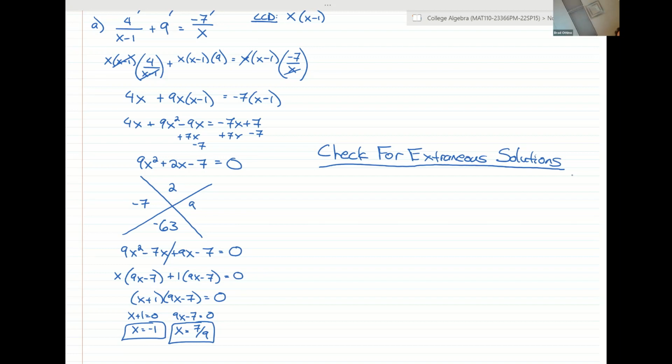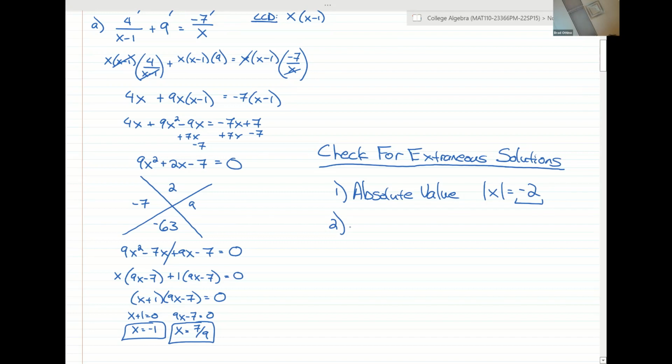So even though we did all the math correctly, sometimes with absolute value, you wind up with an answer that says the absolute value of x is equal to negative 2. That doesn't make any sense. Absolute value can't be negative. You want to check absolute values to make sure that they work.